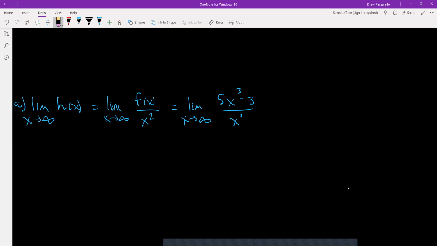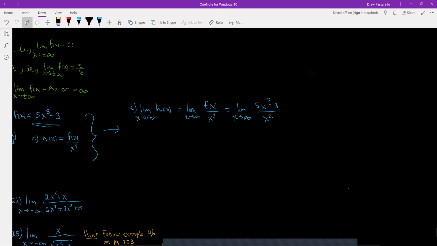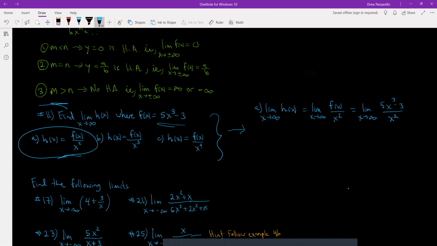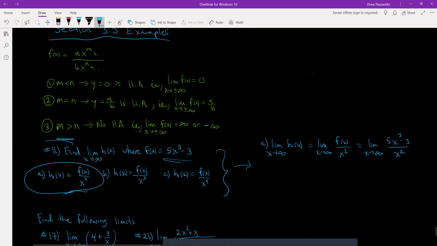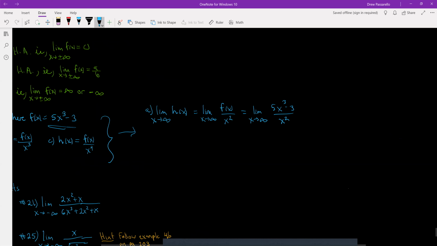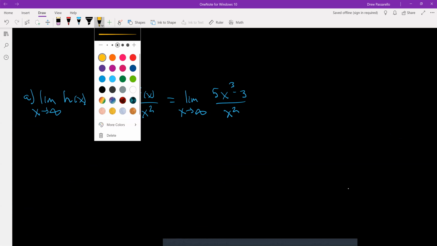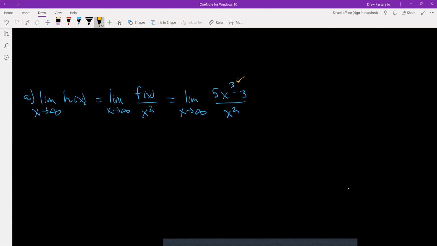So for the guidelines, the degree in the numerator is 3, the degree in the denominator is 2. So we're falling into the third category because m is greater than n. Our degree in the numerator is 3, m is 3. The degree in the denominator is 2.